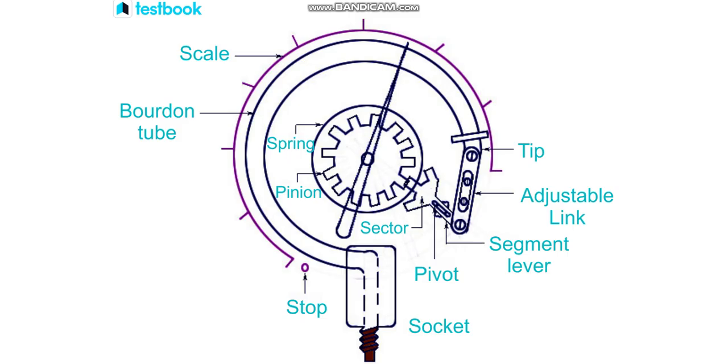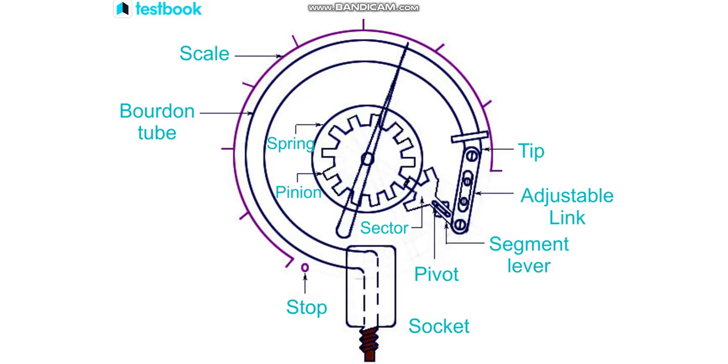So here is the construction view of the C-type Bourdon tube. In this C-shaped Bourdon tube, one end is the fixed end and the other end is the free end. At the fixed end, we give the pressure to be measured. At the free end, we get the deflection, that is displacement.